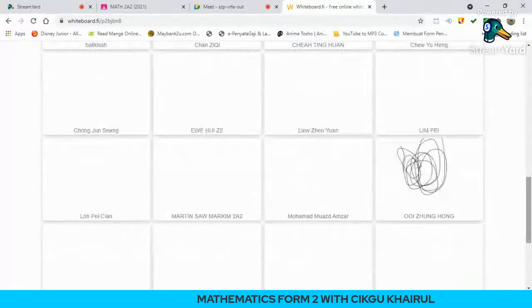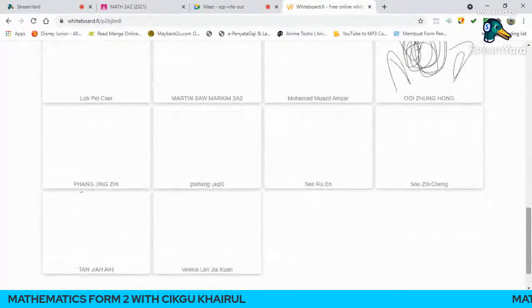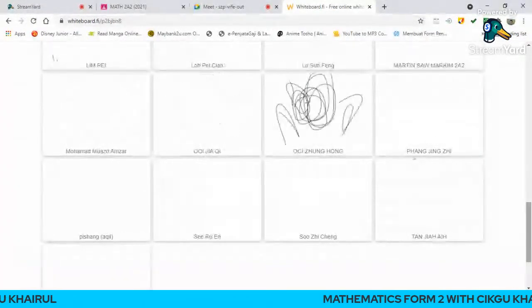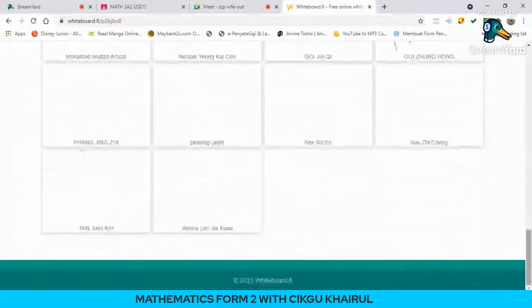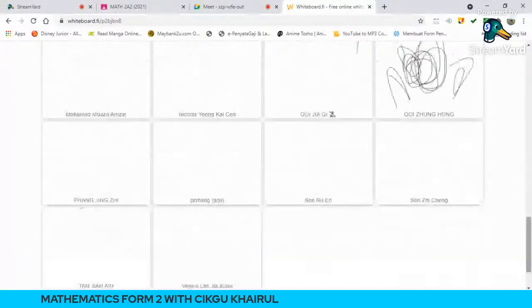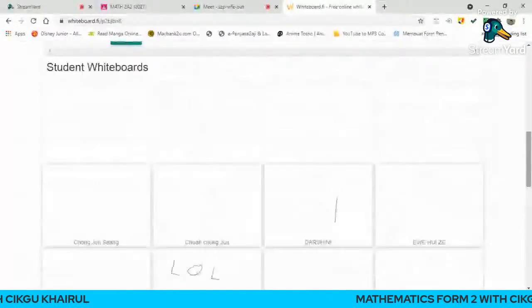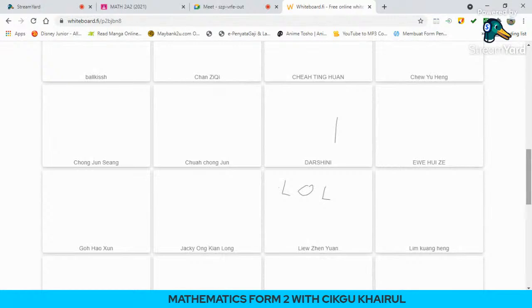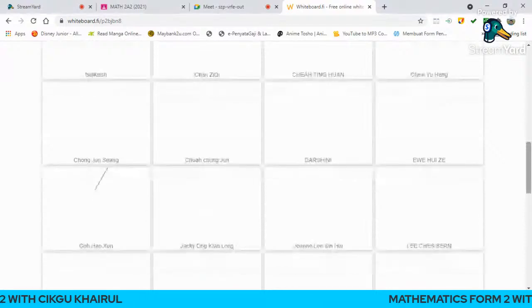Ui Zhong Hong already wrote something on the whiteboard. It's okay, no problem. I see also Pishang, Akil Zafran, Vinis, and Liu Zhen Yuan.